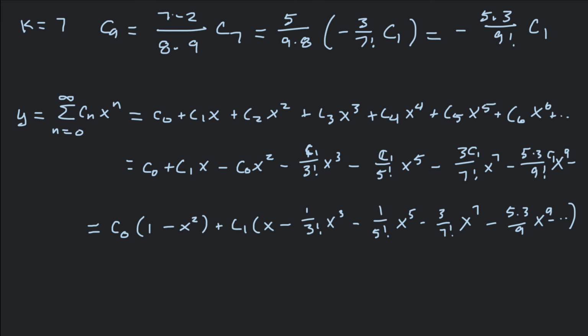Now, when you actually have a real-world implementation of this, you're just going to use the first, I don't know, 3 or 5 terms of your series solution to estimate the actual solution. I mean, it's impractical to use infinitely many terms, so you would just have some truncation error in your solution by cutting off, after maybe we get to the x to the 9th power.